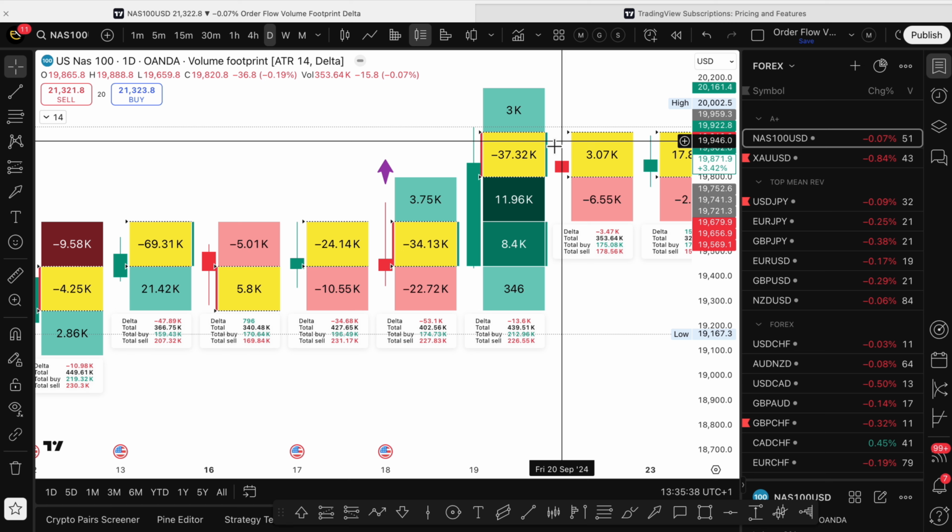It's an added confluence, it will make you take the trade with confidence. Or you'll see something in the volume footprint delta that tells you that you do not want to take this trade, because the sellers are starting to come into the market, or you just don't like the look of the numbers you're seeing. So you don't take the trade, and it ends up saving you from taking a loss.